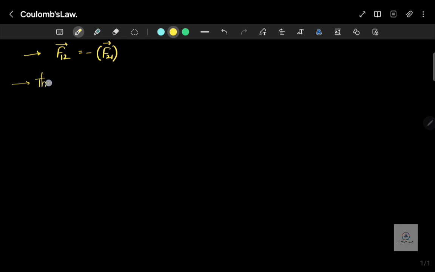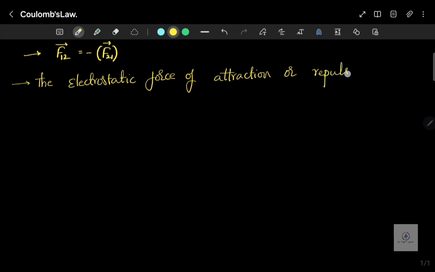That is, the electrostatic force of attraction or repulsion is, first one, directly proportional to the product of charges.